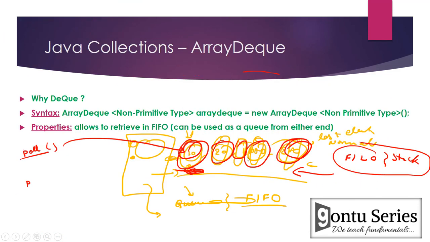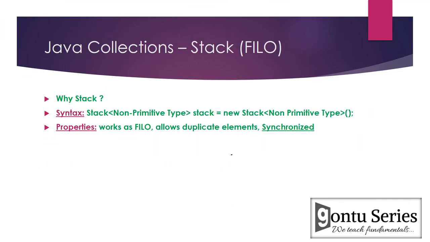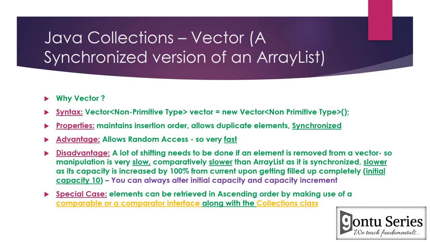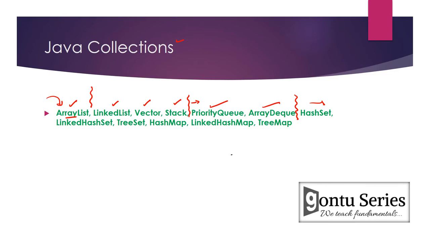But in any of the other things we studied, ArrayDeque, PriorityQueue, LinkedList, Stack, Vector, ArrayList, whatever we have studied till this point, to compare two objects, it needed the Comparable interface or the Comparator interface, right?